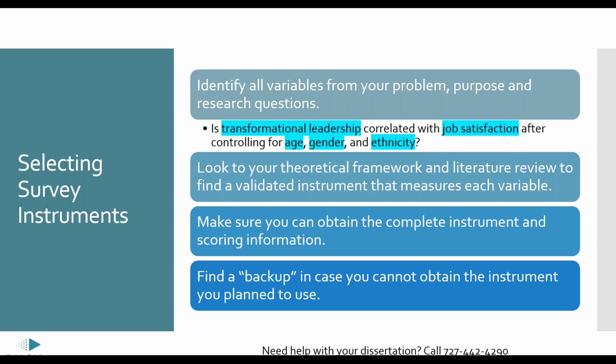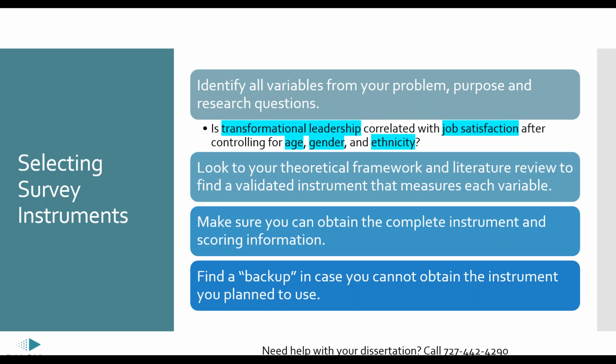And so the first thing that you'll want to do is go back to your problem, purpose, and research questions and identify all of the variables of interest in your study. You want to make sure that in your survey, you have instruments or questions that measure all of the variables that are laid out in your research questions and described in your problem and purpose statements.